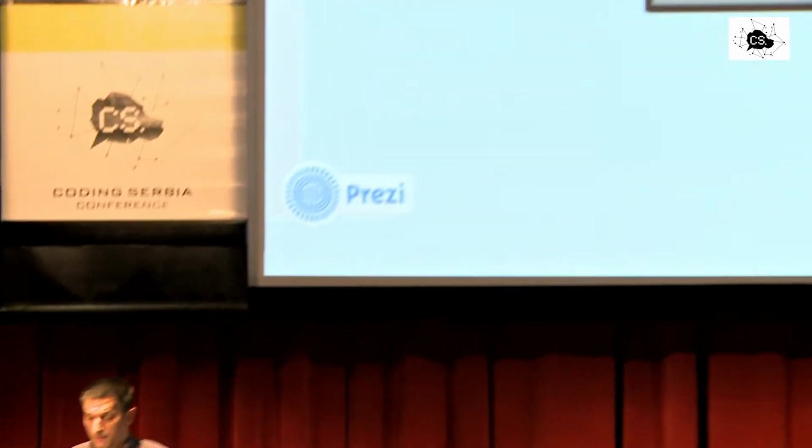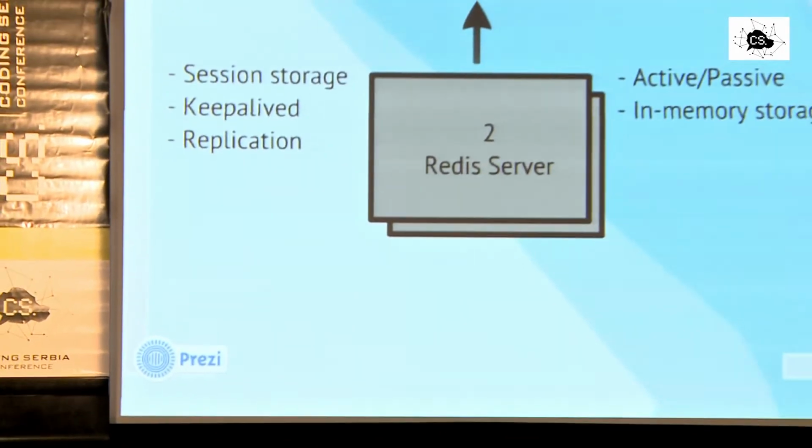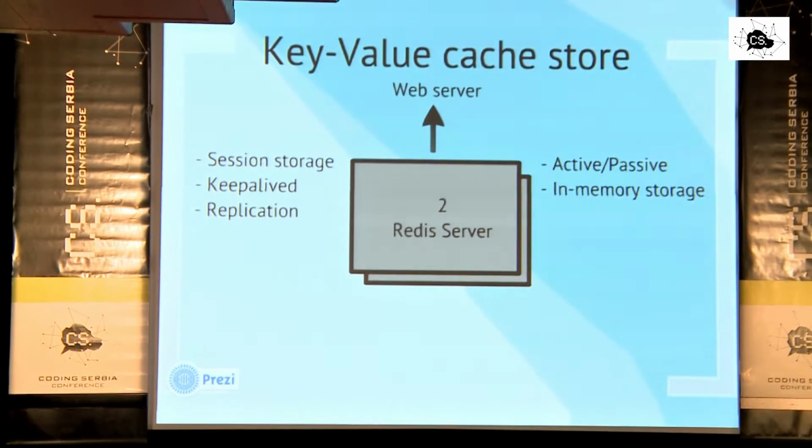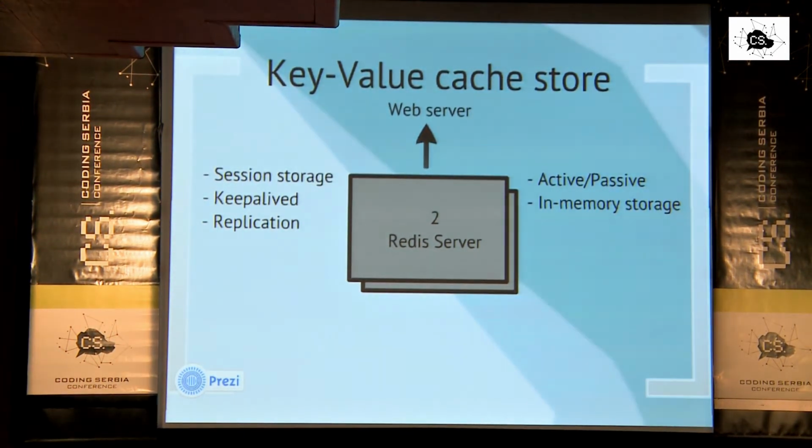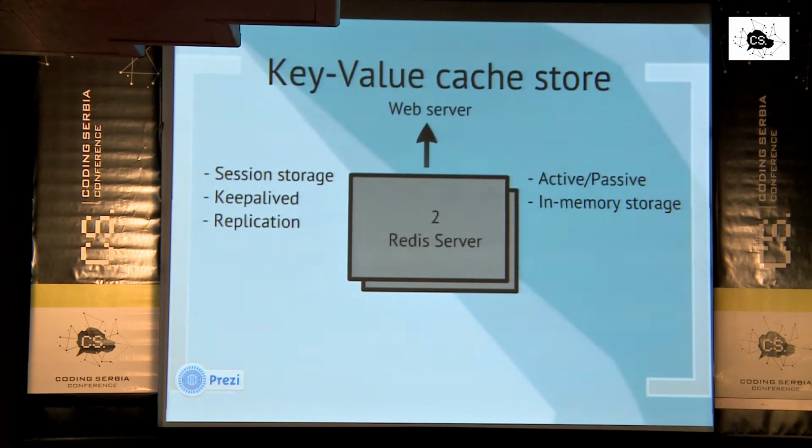As a key value cache store, we use Redis. These machines are active passive, if you noticed. The plan is to promote it to active, but it is not a priority right now because Redis is doing a fantastic job. We are using it as an in-memory cache.